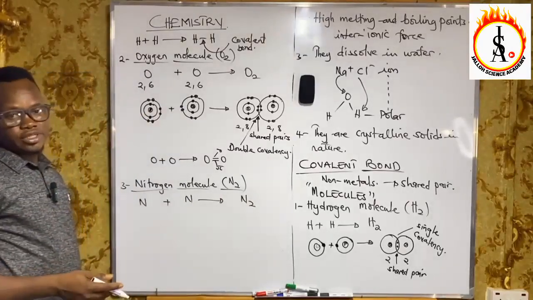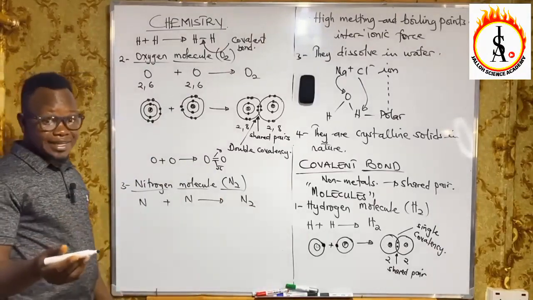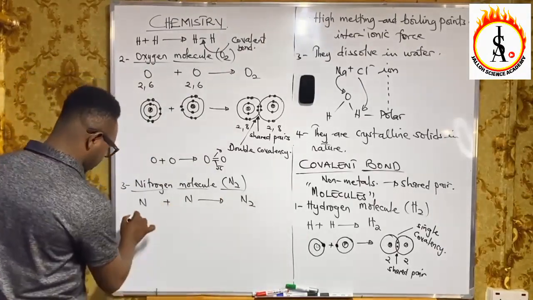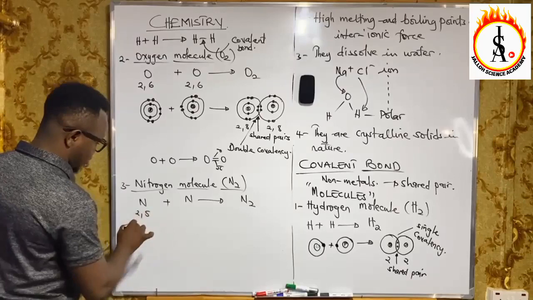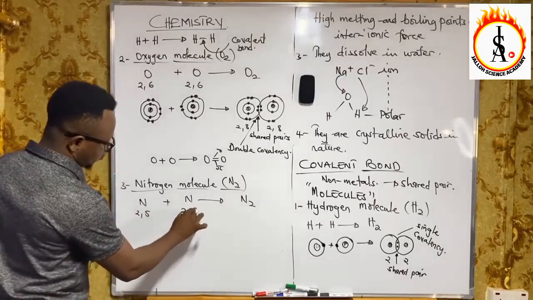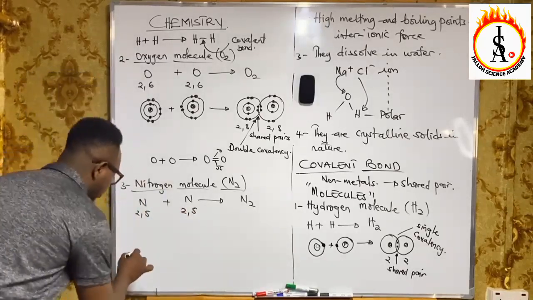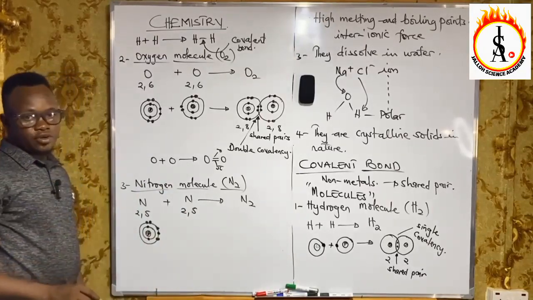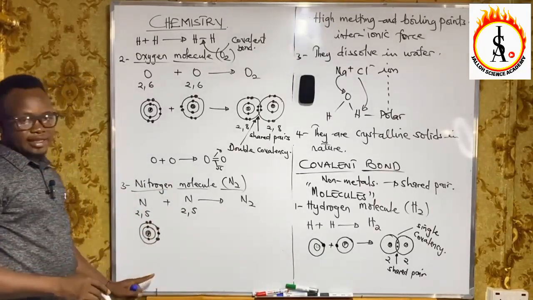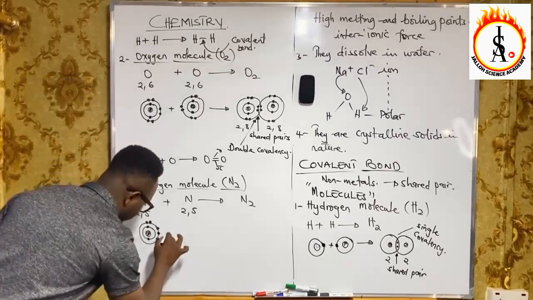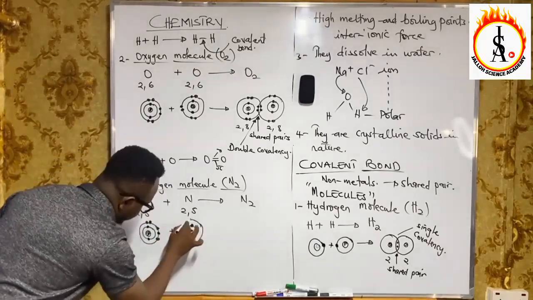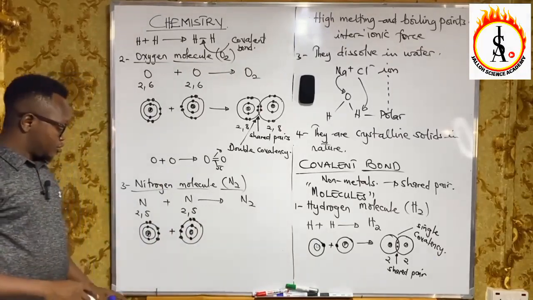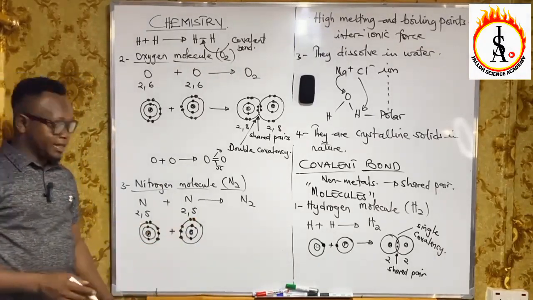And each nitrogen atom has 7 electrons. So the configuration is 2,5, 2,5. So if we look at the structure of this, 5 electrons outside, a lone pair here and 3 unpaired electrons. So also a lone pair and 3 unpaired electrons.